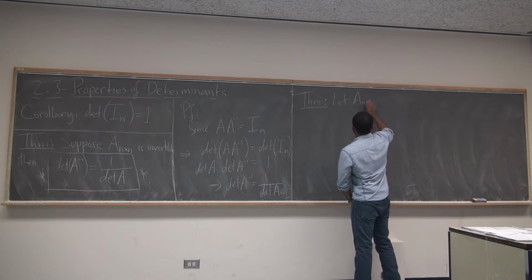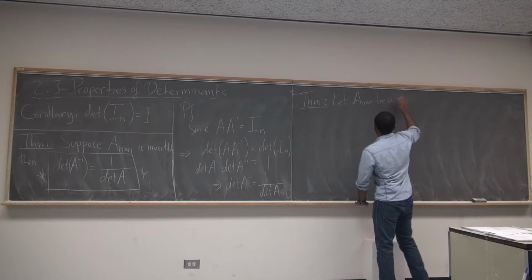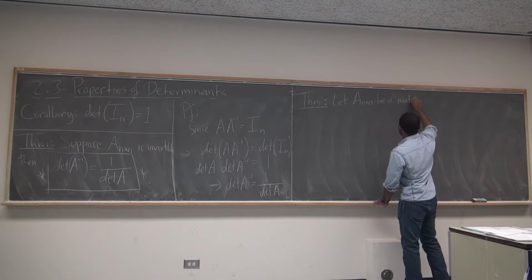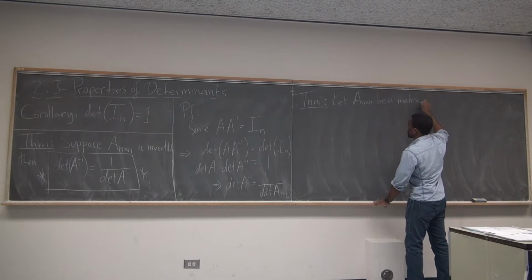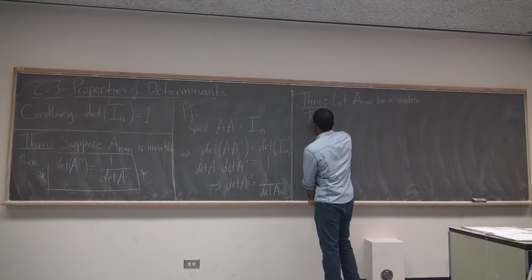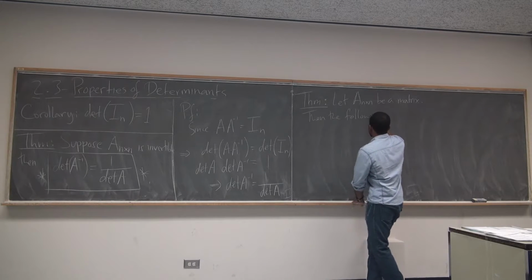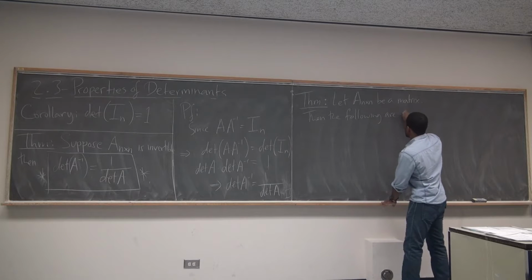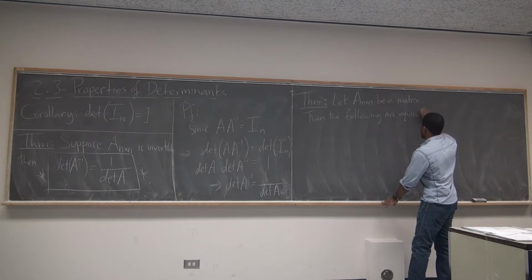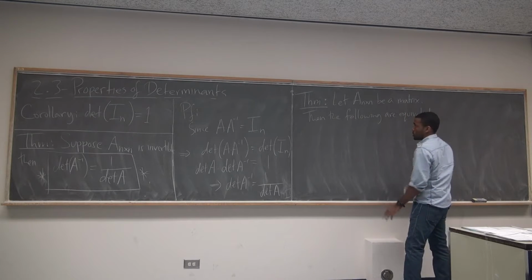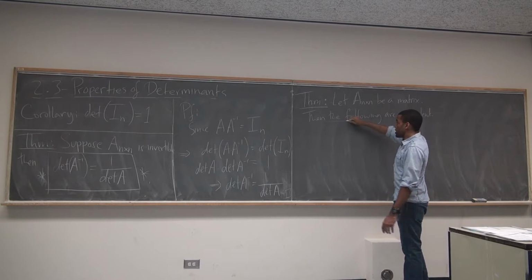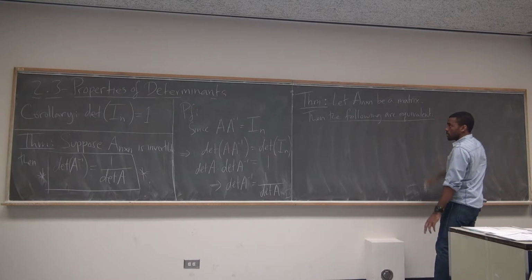Let A be an n by n matrix. Then the following are equivalent. This phrase, the following are equivalent, is a very important phrase in mathematics.